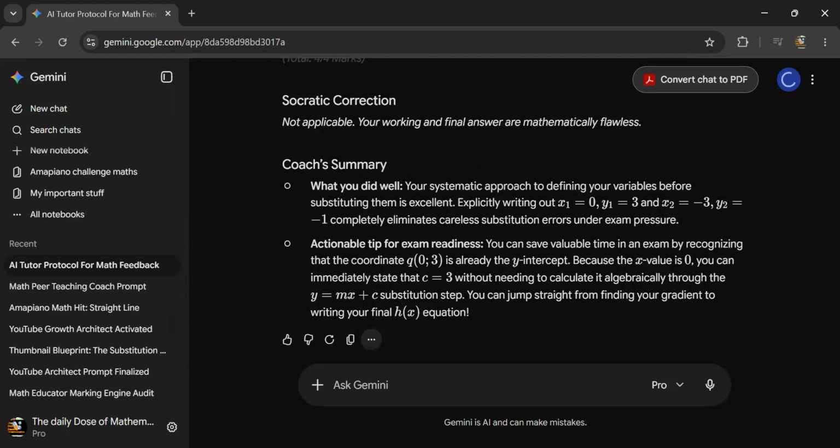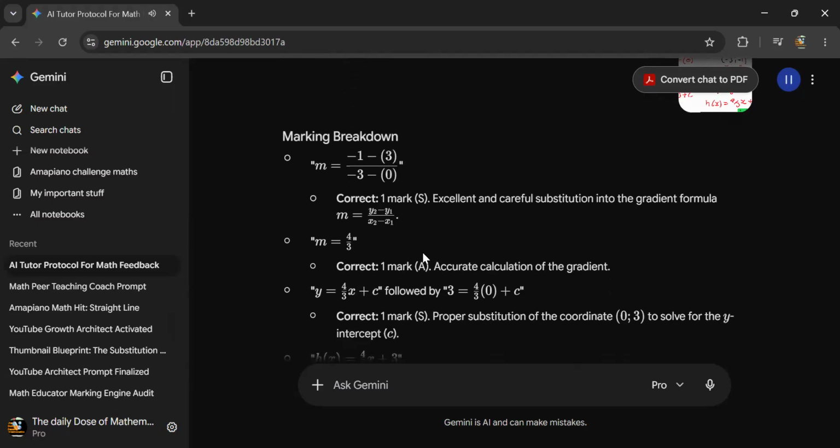Marking breakdown. m equals frac 1 3 minus 3 0. Correct. 1 mark S. Excellent and careful substitution into the gradient formula m equals frac y_2 minus y_1 over x_2 minus x_1. m equals frac 4 3. Correct. 1 mark A. Accurate calculation of the gradient. y equals frac 4 3 x plus c, followed by 3 equals frac 4 3 times 0 plus c.